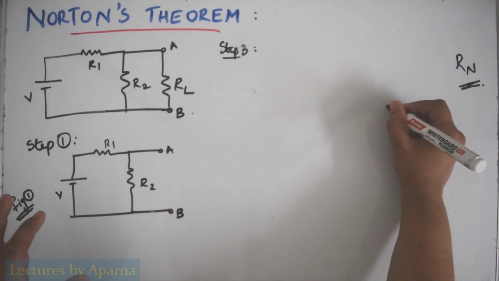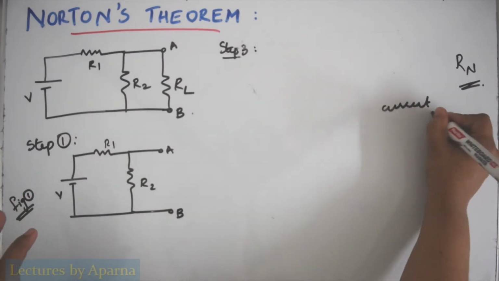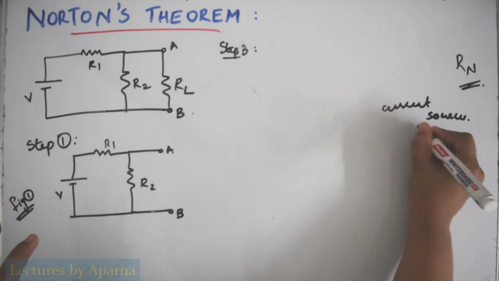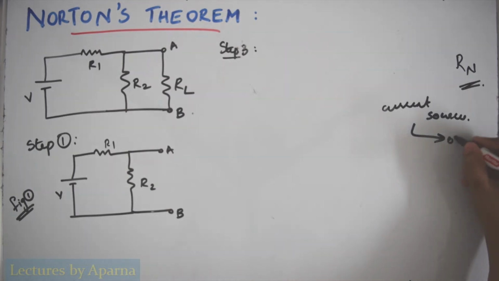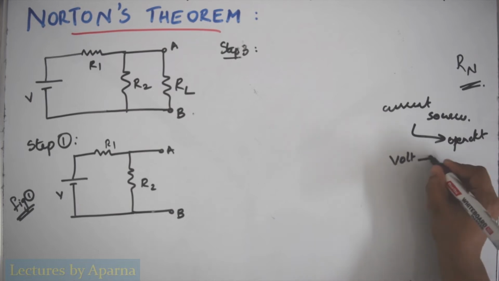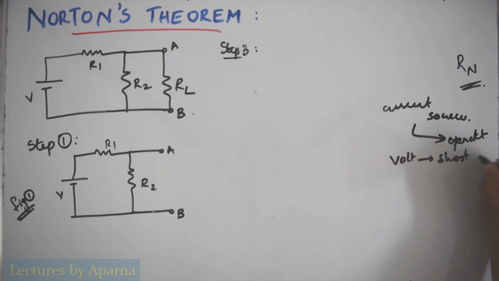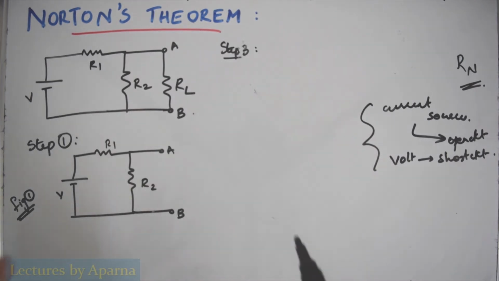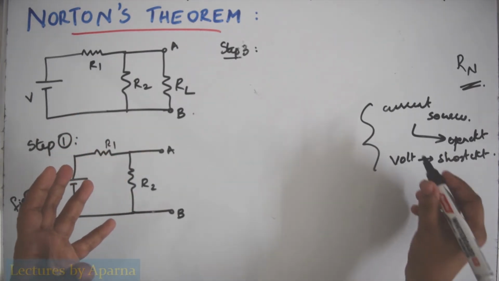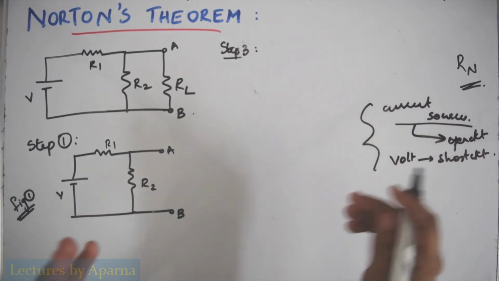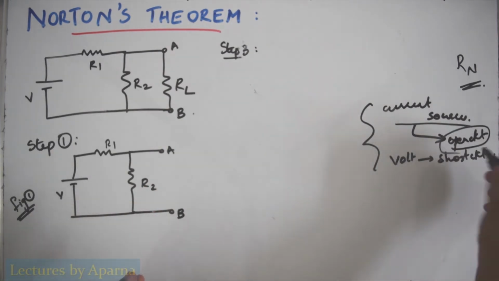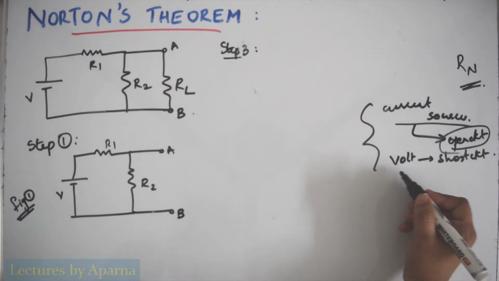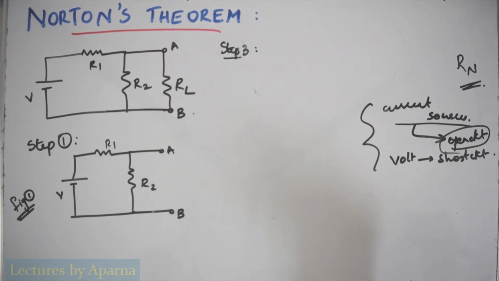If there are current sources you have to open circuit them, and if there is voltage source then you have to short circuit them. This means replacing them with their internal resistance. So current source is having infinite internal resistance, so it will be open circuited, and voltage source will be having zero internal resistance, so it will be short circuited.